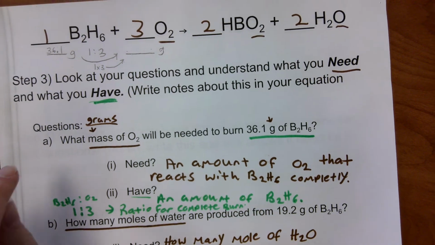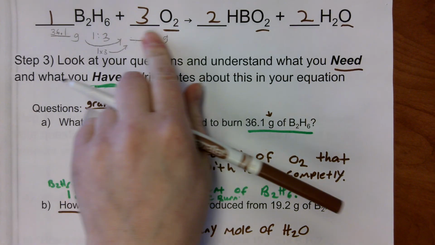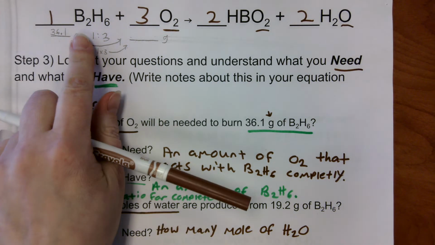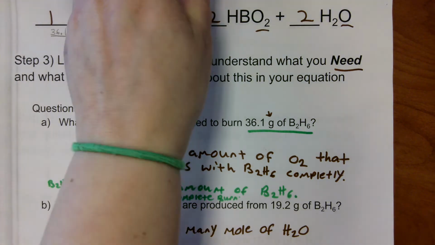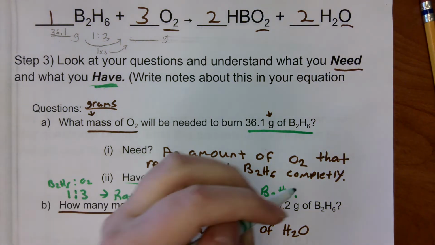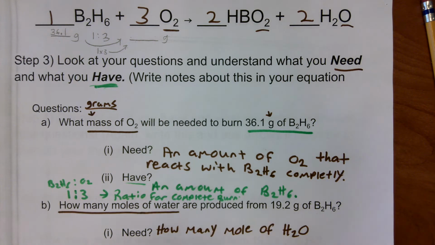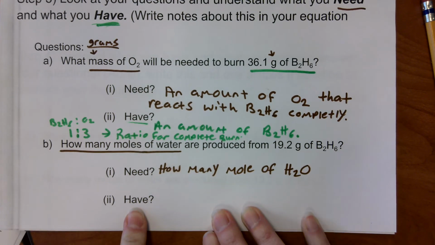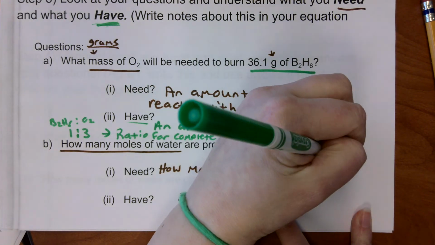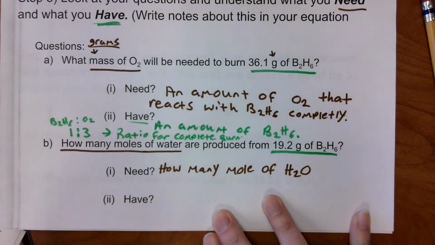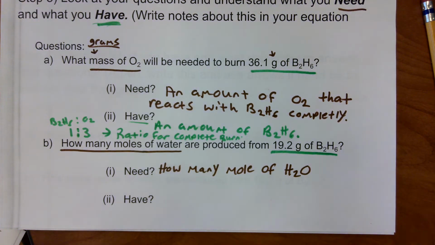Okay, and so this is, again, in a complete system where everything over here is used. Okay, and then hopefully you realize the thing that we have is the 19.2 grams of diboron hexahydride.